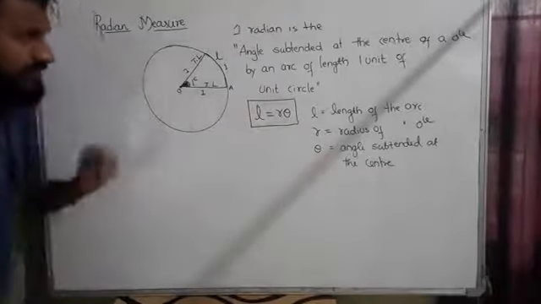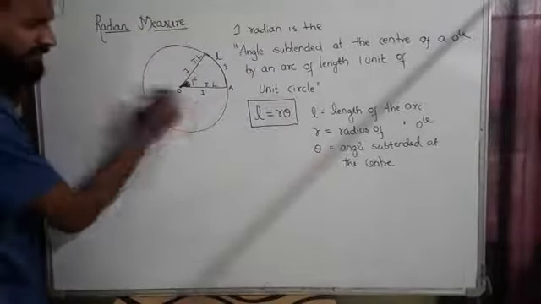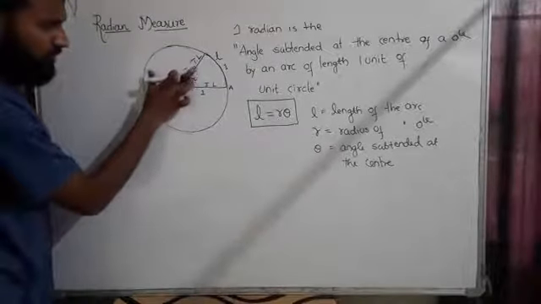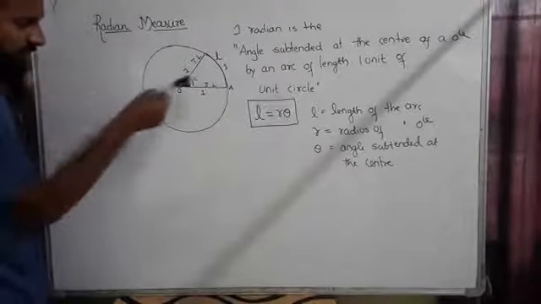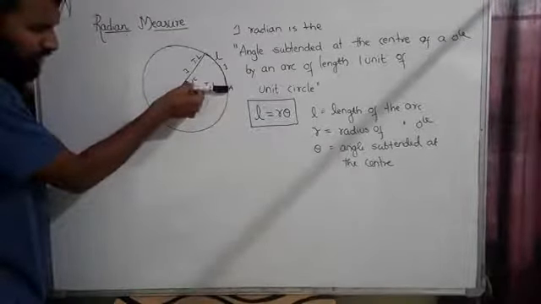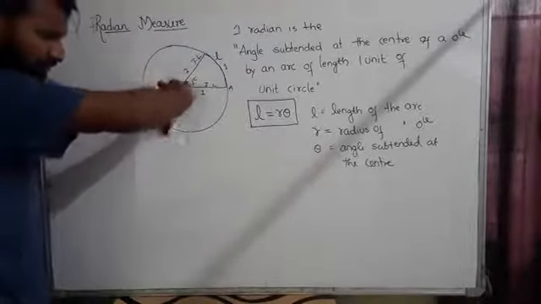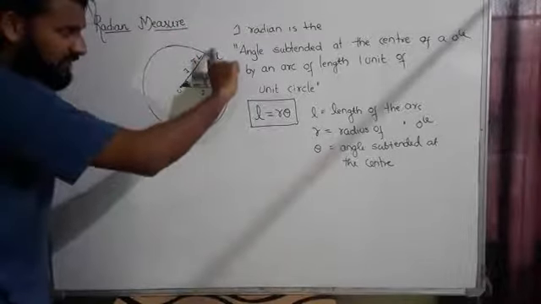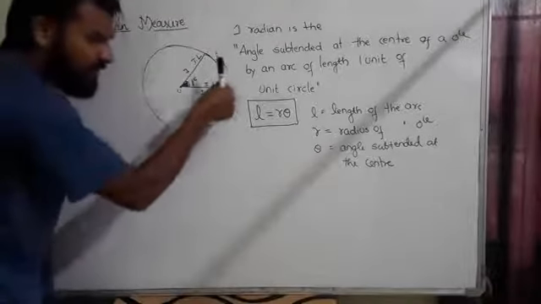Well, if I consider a unit circle itself, suppose I rotate this initial line one full circle. Then the length of the arc, this length L, will be the circumference of the circle.